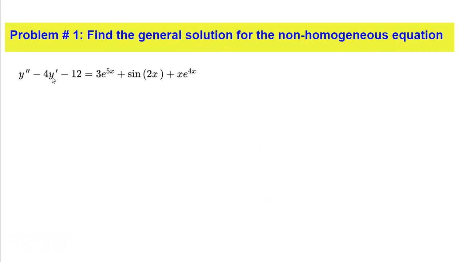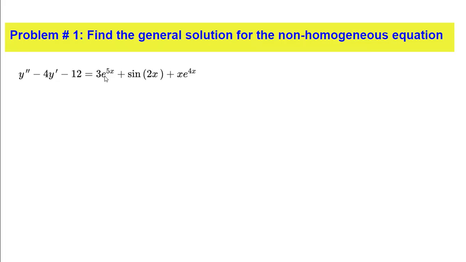Now, when you are given a problem like this to find a general solution for the non-homogeneous equation, the first and foremost thing is for us to make this non-homogeneous equation homogeneous. What makes this equation non-homogeneous? Because this differential equation is not equal to 0. g of x is not 0.